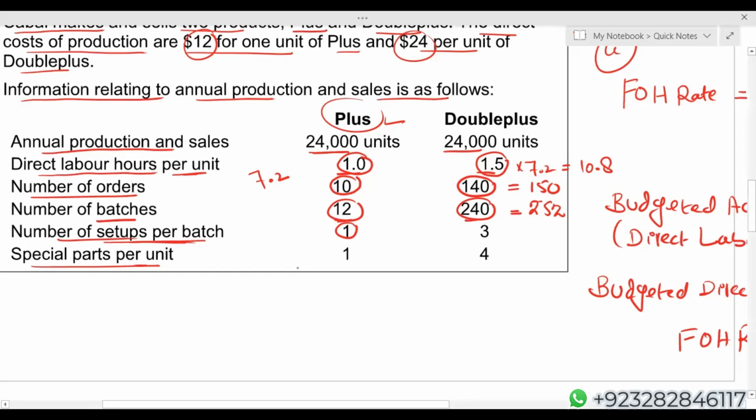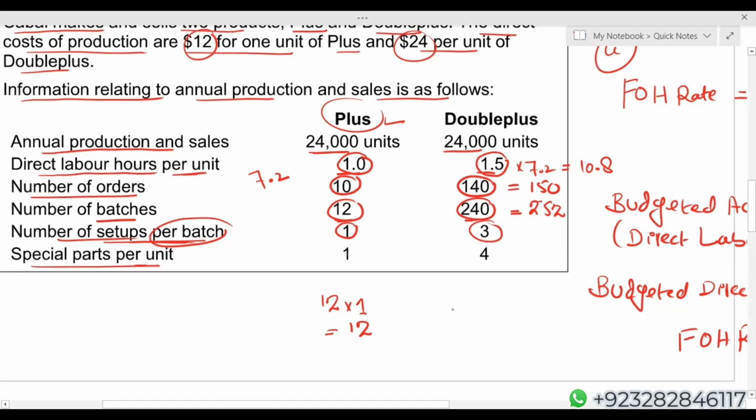So if I ask you how many setups we need for plus, there are 12 batches, and each batch needs one setup. So the total number of setups for plus is 12. But when it comes to double plus, the number of setups per batch is 3. And how many batches do we have for double plus?